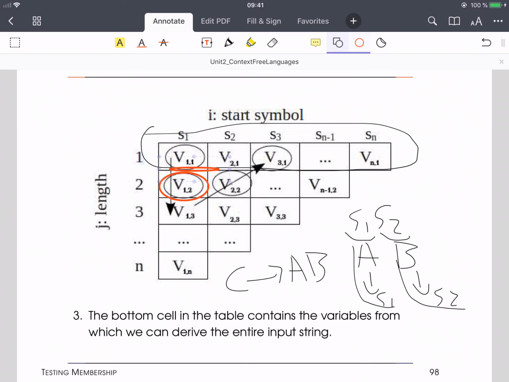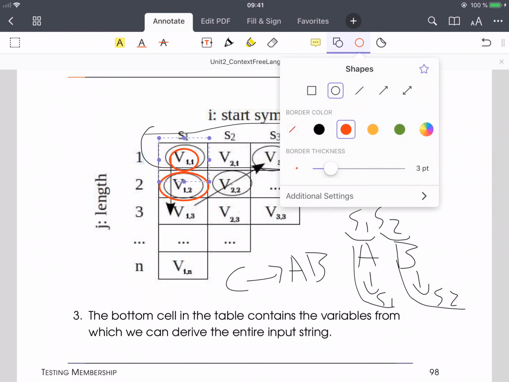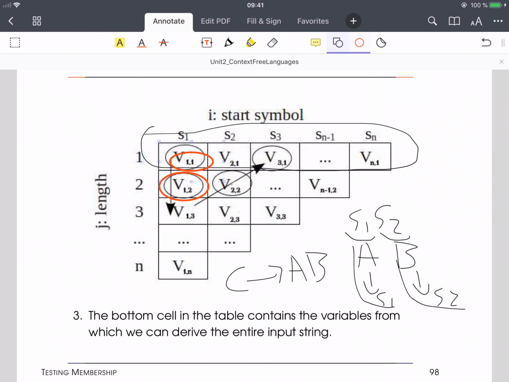These are the variables that generate S1. And these are the variables that generate S2. Okay.